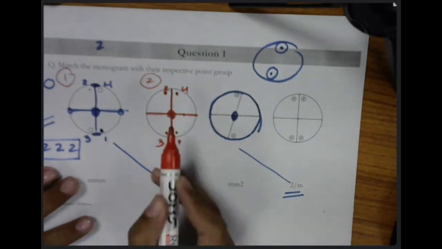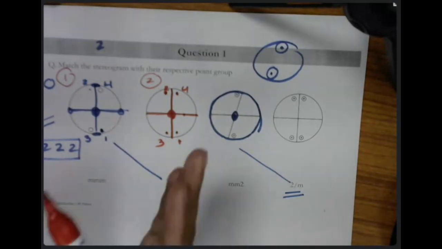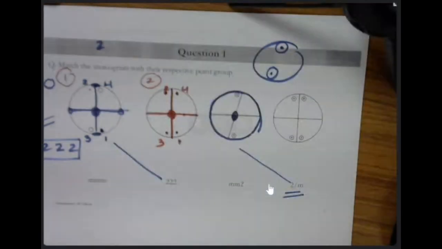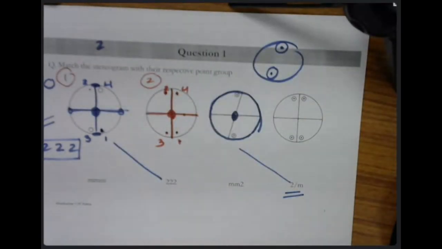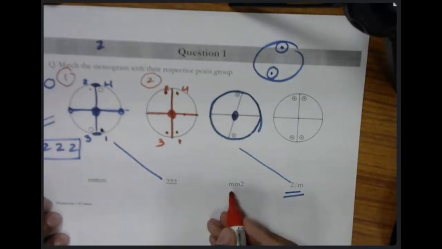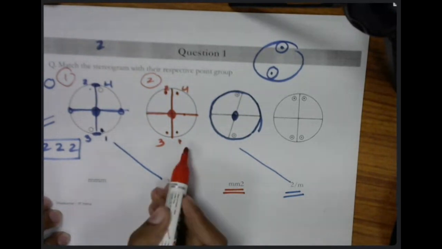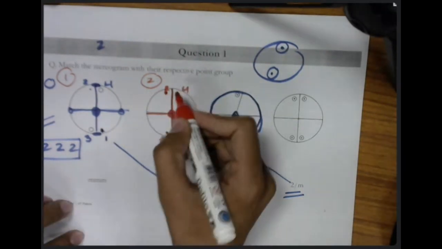But what is the orientation of the mirror? The mirror is vertical, it is along the twofold. So since it is along the twofold, we can say that it is mm2. This is what we have learned, right? So it is a combination of the twofold and mirror.